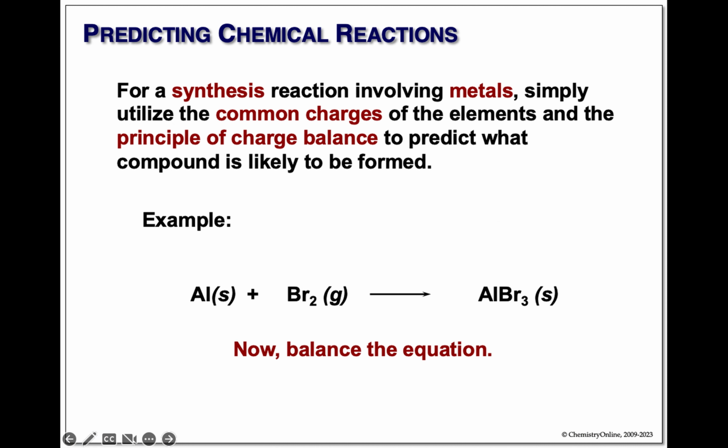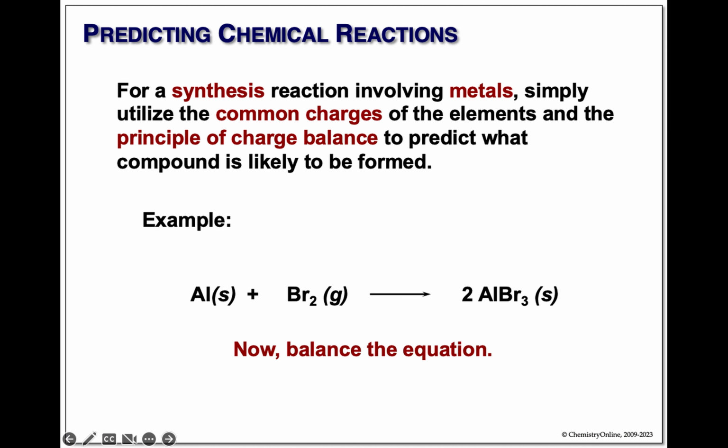Quickly balance the equation. 1 aluminum, 1 aluminum. No problem. 2 bromines, 3 bromines. We're going to have to make this even. Take a 2 in.